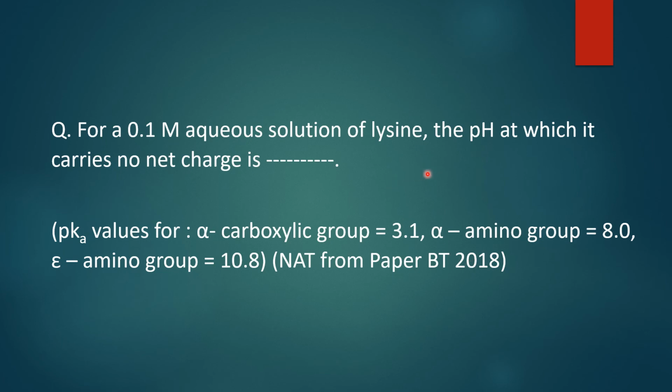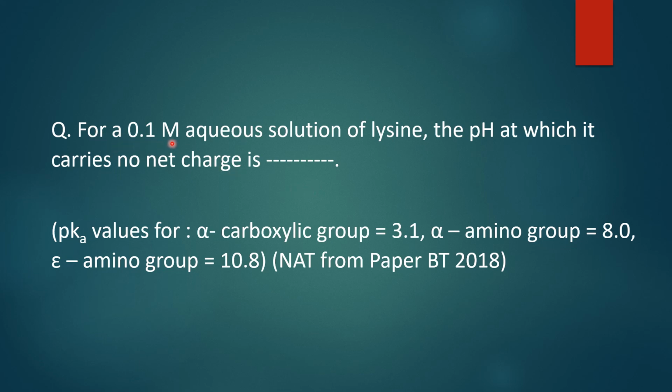Yes, as we go every time, I am here with another NAT type of question. The question is from biochemistry and is related to pK, pI, pH values. So let's read the question.